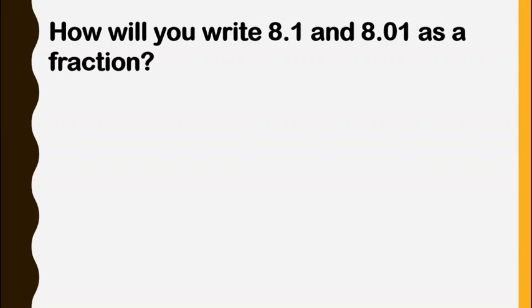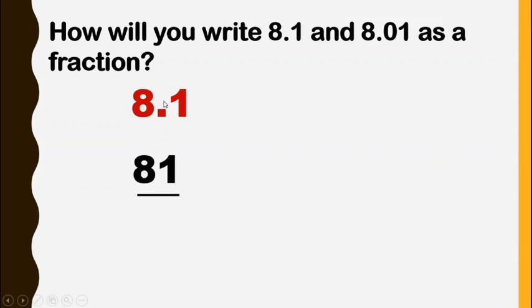Okay, let's try this one. How will you write 8.1 and 8.01 as a fraction? So the first thing we need to do is to ignore the decimal point. So we got the whole number 81 over.